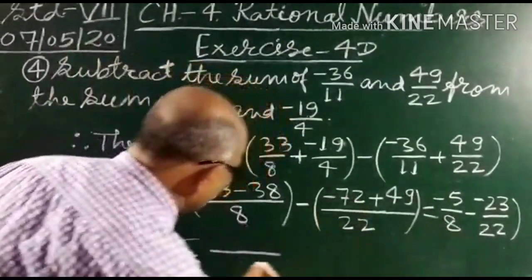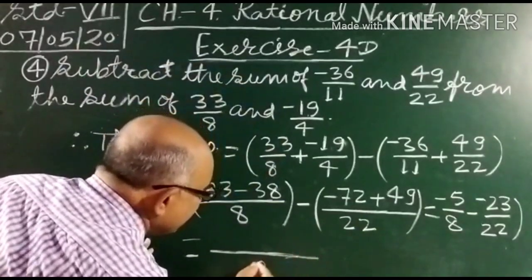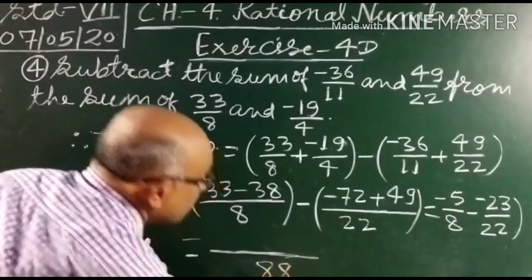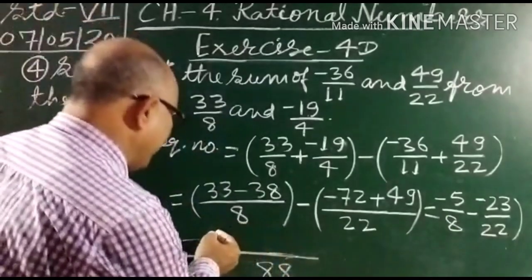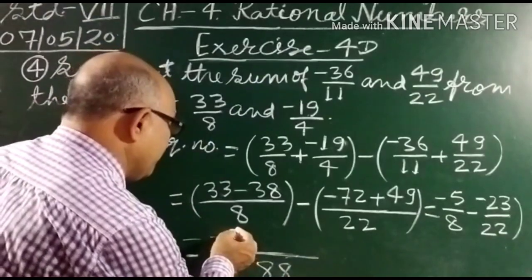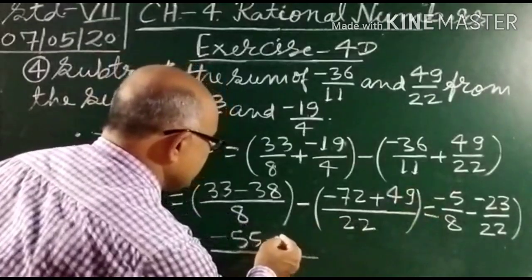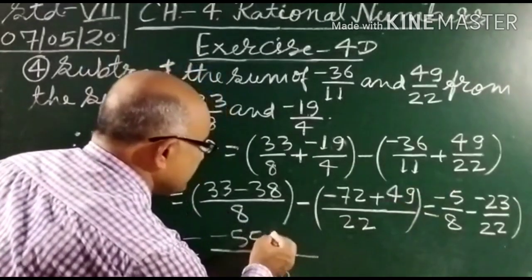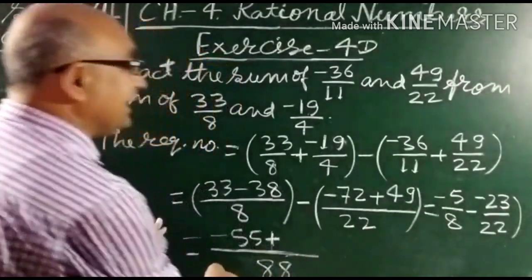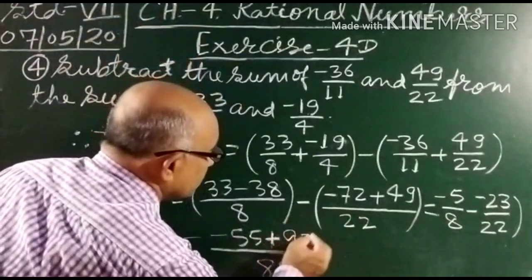Now LCM of 8 and 22 is 88. So 11 eights are 88. So 11 fives are 55, and minus into minus plus. 22 fours are 88, so 23 fours are 92.